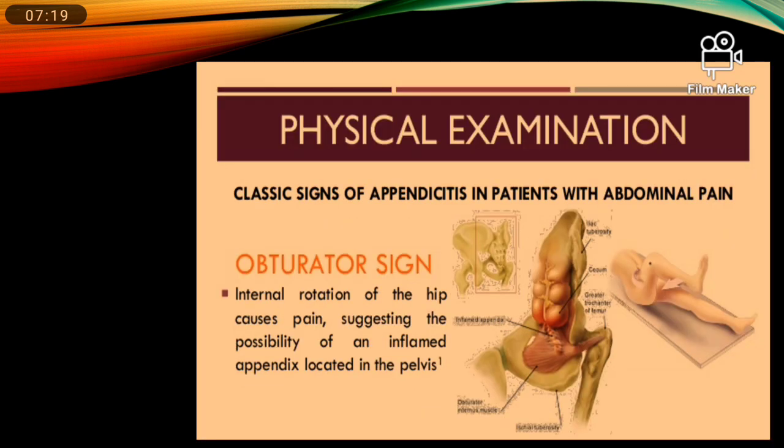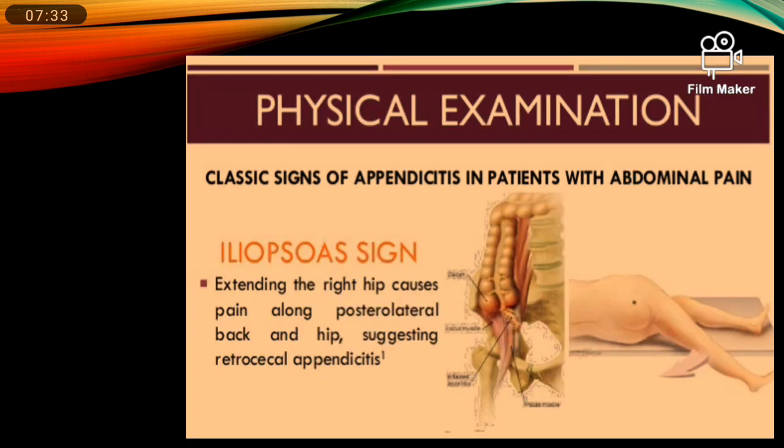On physical examination, how to distinguish: there is the obturator sign. Internal rotation of the hip causes pain, suggesting the possibility of an inflamed appendix located in the pelvis. And the second one is the iliopsoas sign. This is a classical sign of appendicitis: extending the right hip causes pain along the posterolateral back and hip, suggesting retrocecal appendicitis.